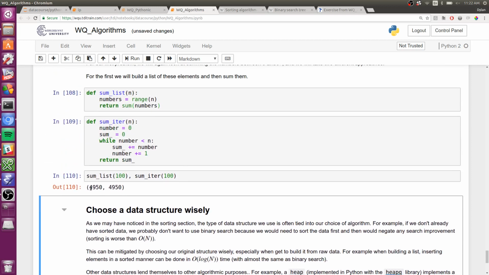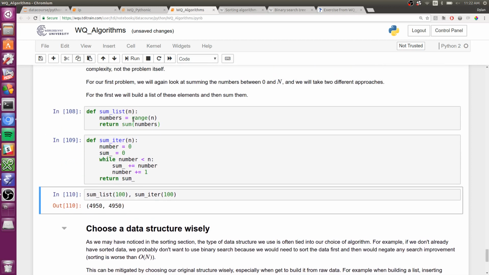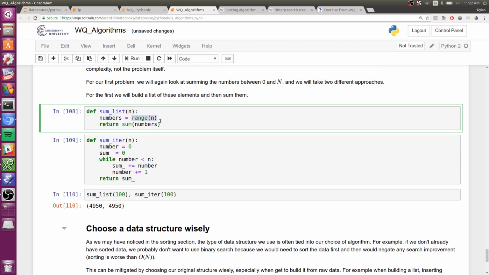They give us the same answer, but this one is going to construct a data structure that has every number 0 through n. So it's a list of length n, and it's going to take up order n memory. We have n elements to store in memory here.